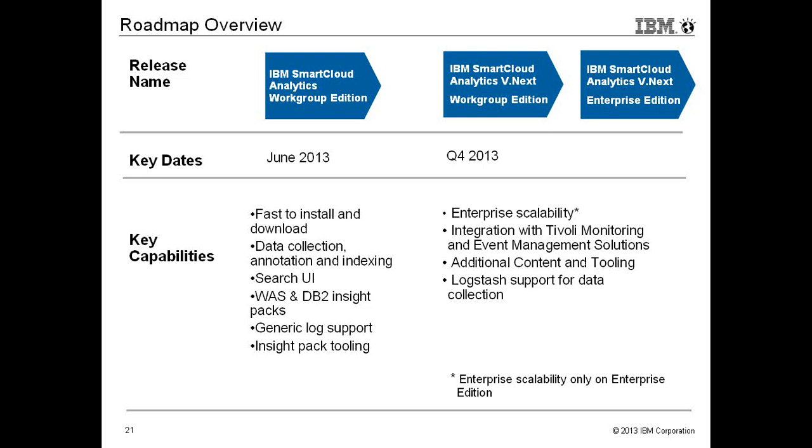We're also looking forward to providing more content and insight packs, and also tooling to enable insight pack development. There's also work in terms of how we can leverage some of the open source data collection frameworks and products that are in the market today, such as Logstash.